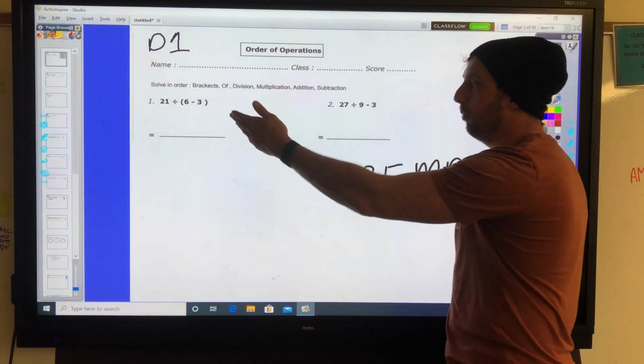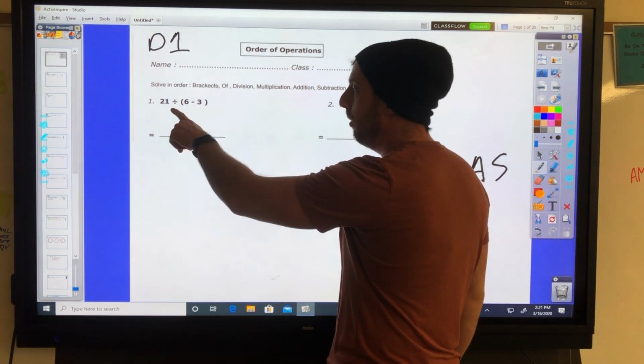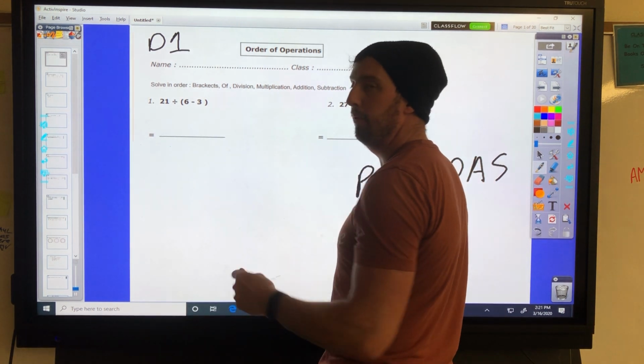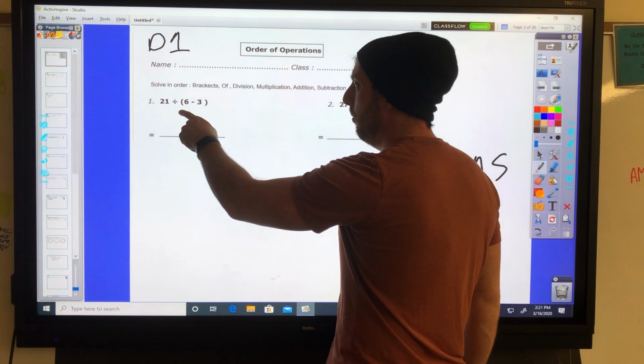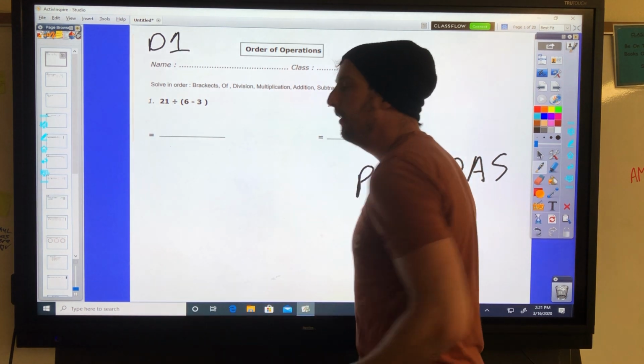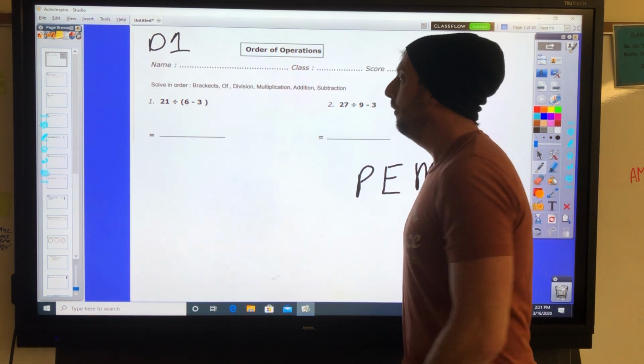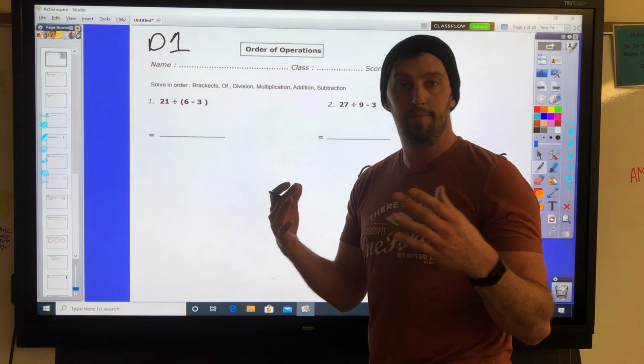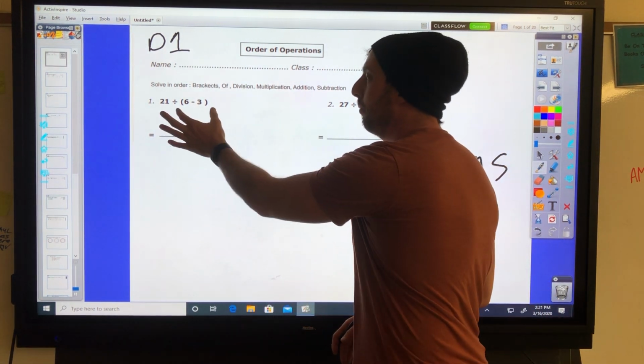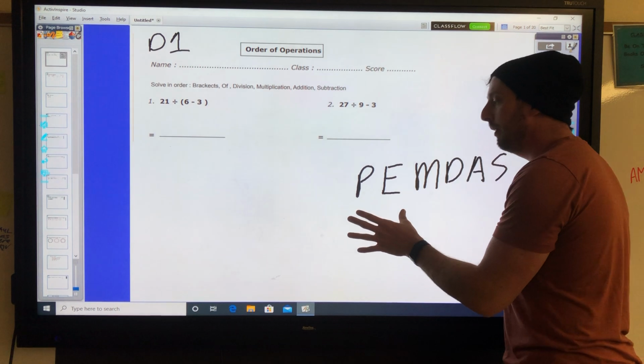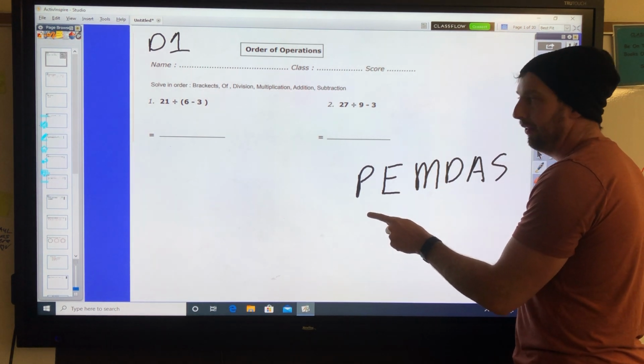Looking at number 1 up here, I see it's 21. I know it might be hard to see over there, but follow along with your paper. 21 divided by, parentheses, 6 minus 3. What jumps out that's incredibly important are these parentheses. In order of operations, I know that parentheses has to come first.